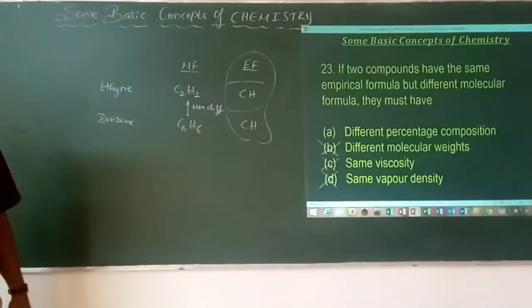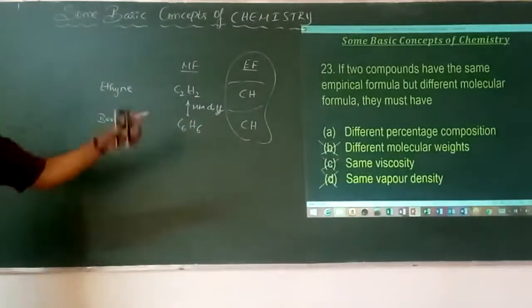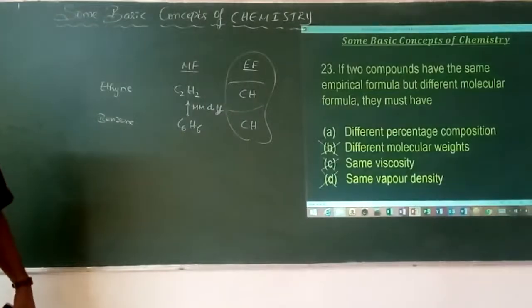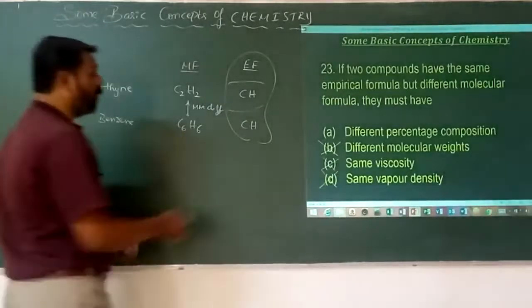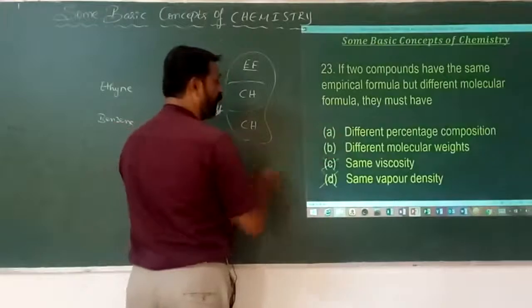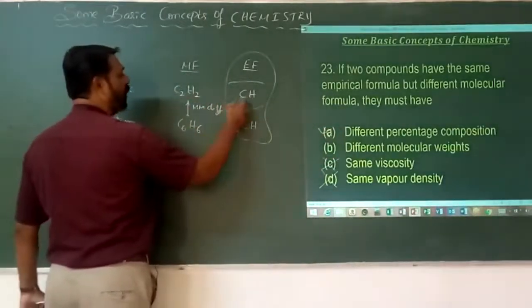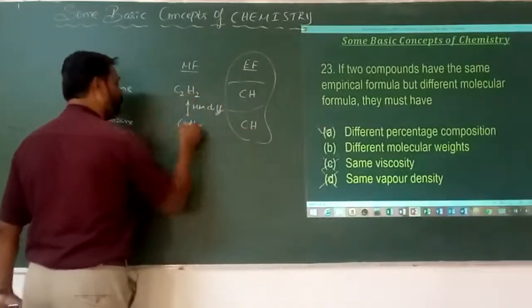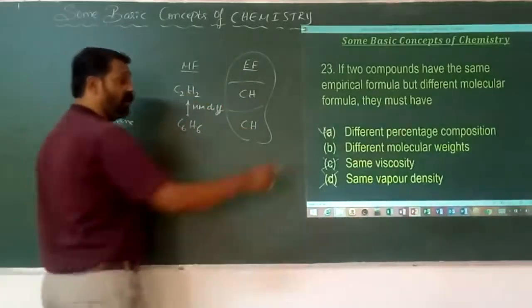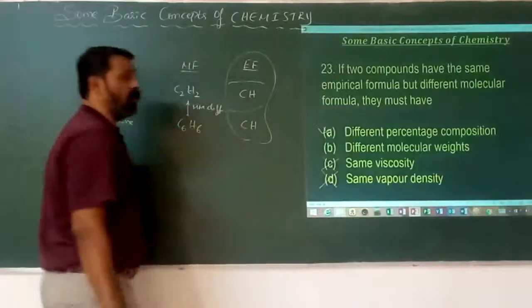They must have a different, which one? Percentage composition. Sorry, different molecular mass is the right answer, but they are having the same percentage composition. Why? Because the percentage of carbon and hydrogen in both the cases are the same. Therefore, having a different percentage composition is not right.